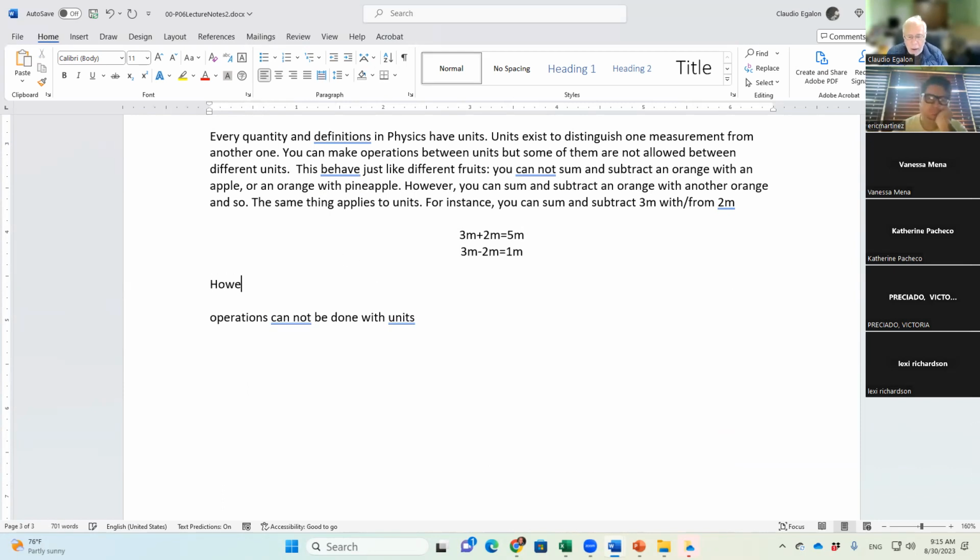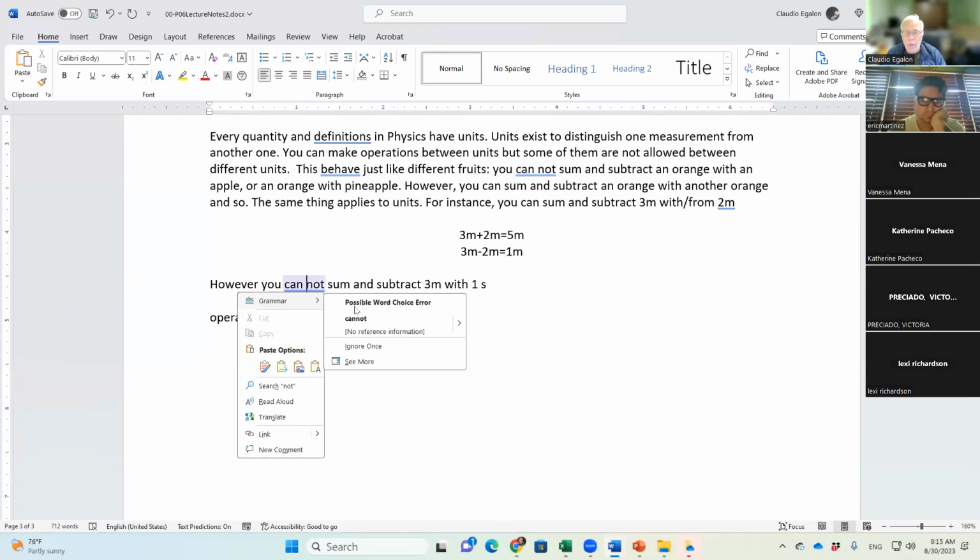However, you cannot sum or subtract 3 meters with 1 second.